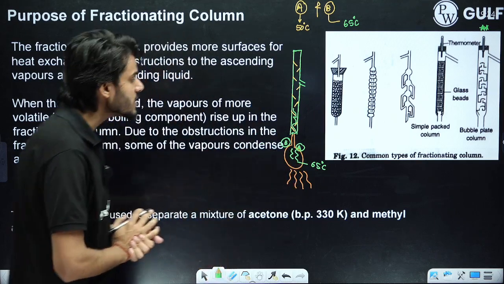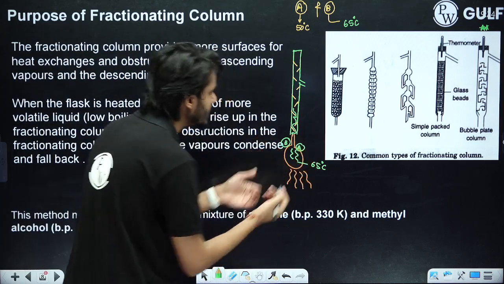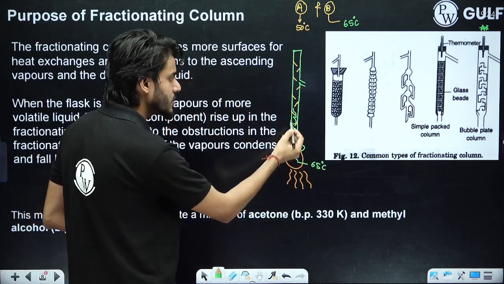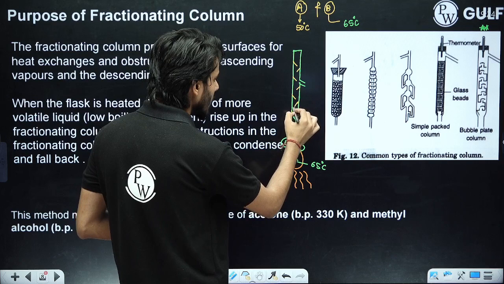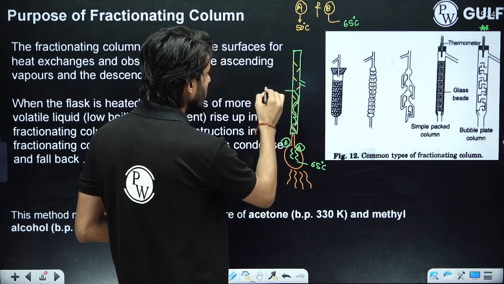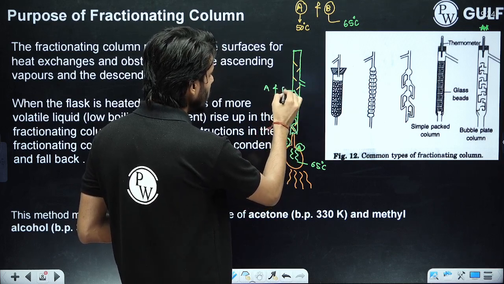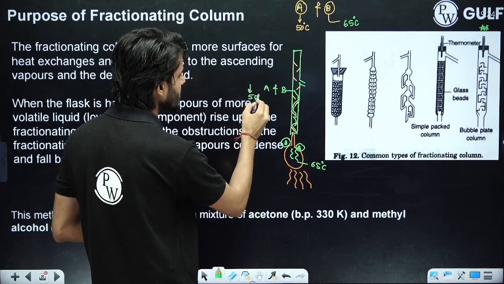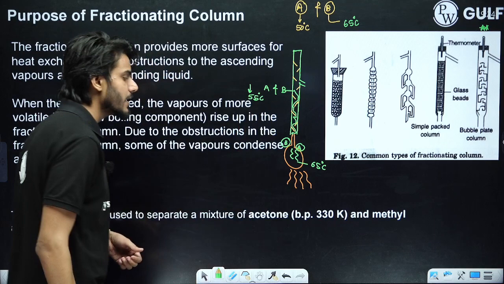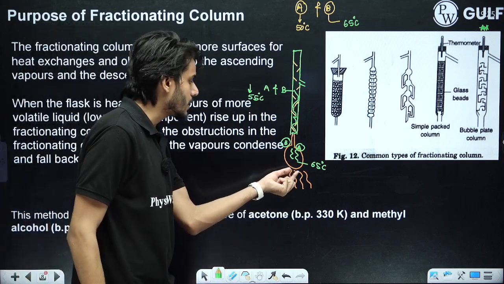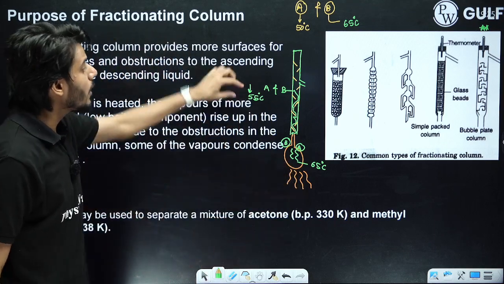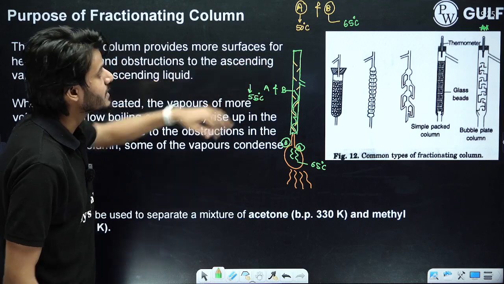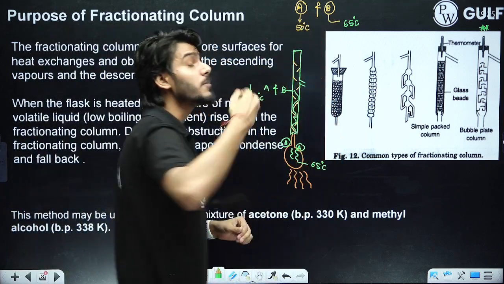As soon as you are going away from this heat, the temperature starts to decrease. Now, for both A and B the temperature decreases. So let's suppose till here the temperature of A and B both decreases from 65 degrees Celsius to 55 degrees Celsius, because of the traveling, and they are very far away from the heating point right now. But at 55 degrees Celsius, the B will not be in vapor state.